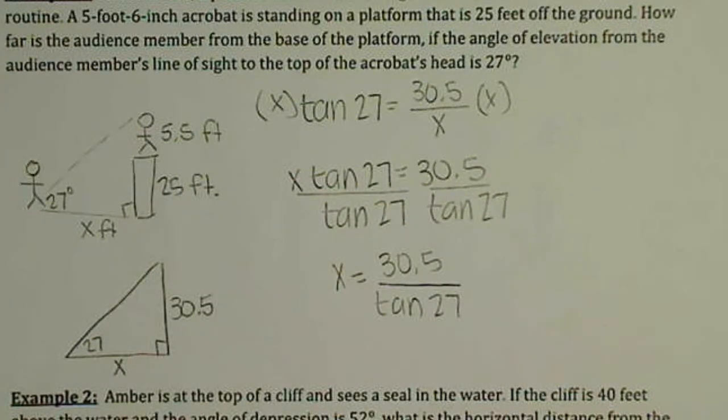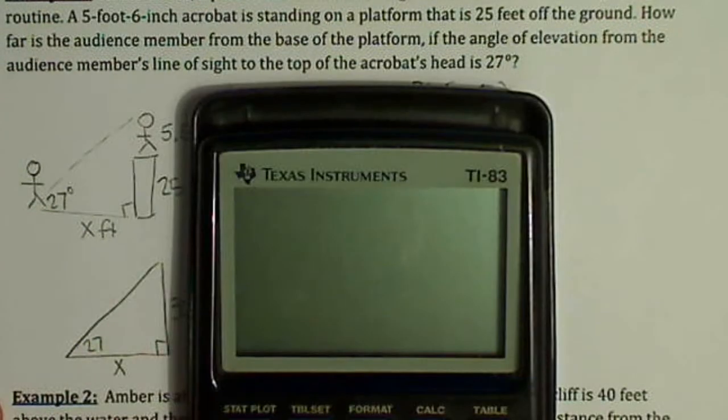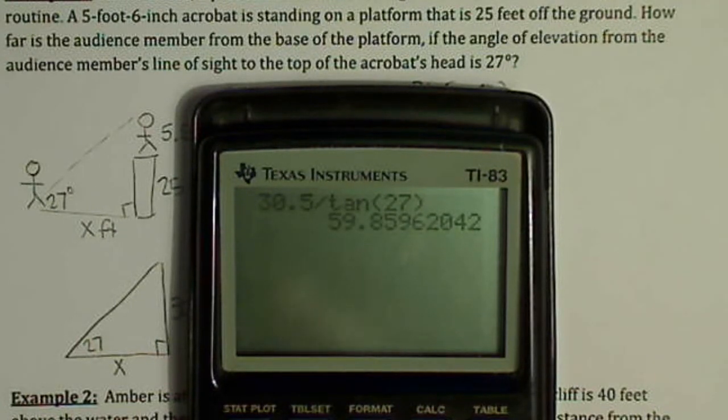So in our calculator, we're going to put that in. The tangent, 30.5 divided by the tangent of 27. We get 59.859, and so we're going to round it to the nearest foot because it says how far.